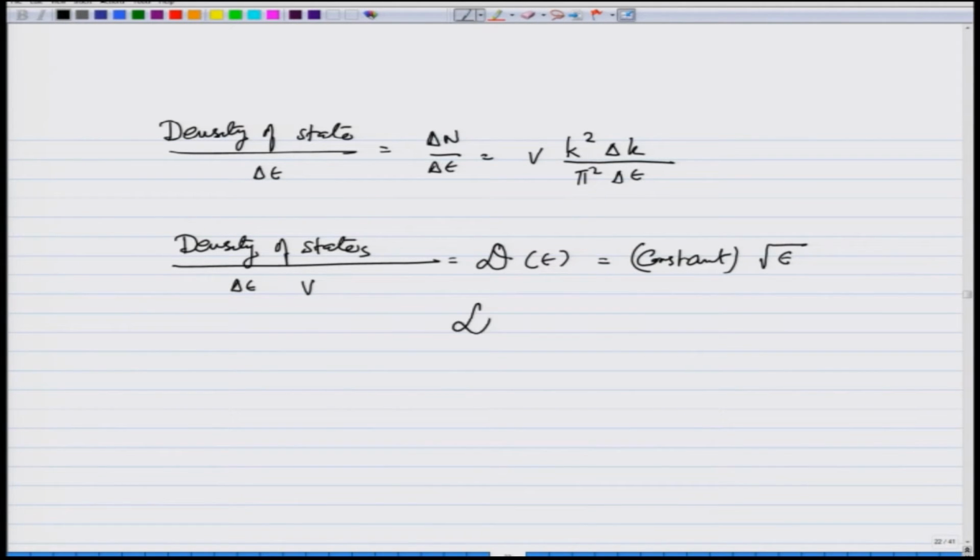And density of states at the Fermi level is therefore that constant times square root of epsilon f.